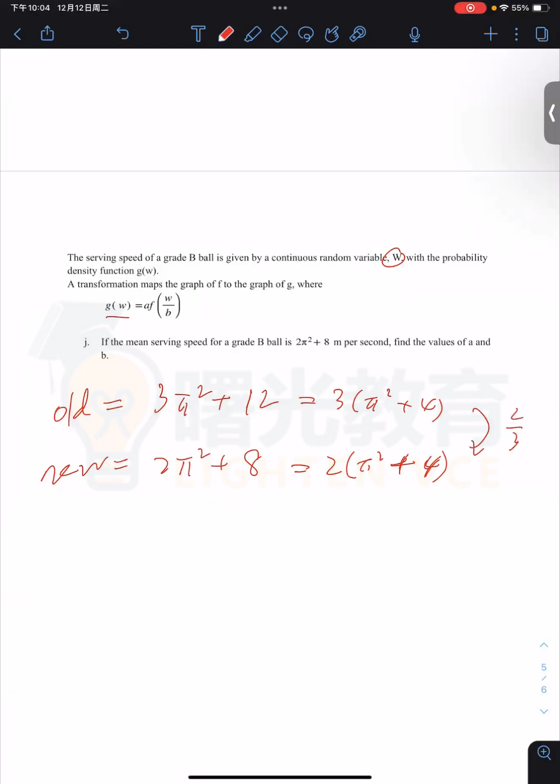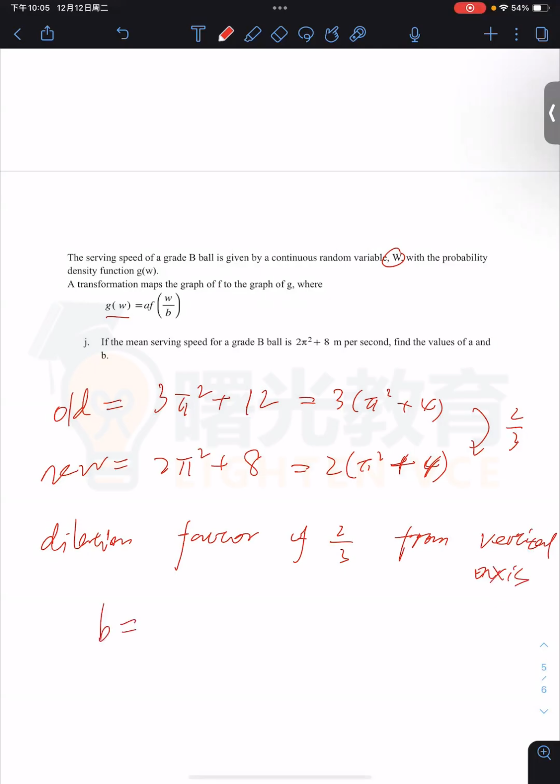All right. So what we do is a dilation factor of 2/3. We change the x values, the horizontal values, right? So we're doing the dilation against the vertical axis.